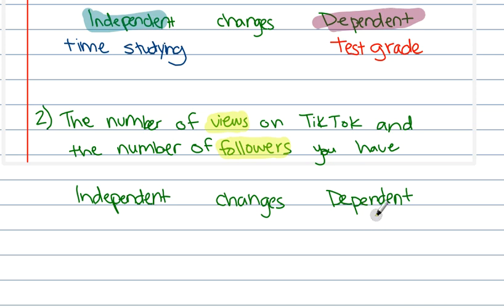Unless you're super TikTok famous, in order to get views on your TikTok, you should first have some followers. So our independent is going to be the number of followers, how many people are following you on TikTok. And because people are following you, you're going to then have more views.